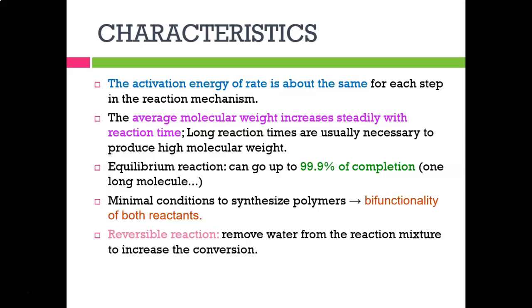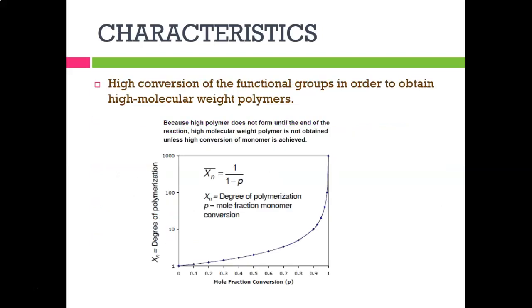The water can react with the monomer back again and again, and this will affect the percentage of conversion, also known as the yield of the polymer produced. So we need to remove the water. High conversion of the functional group is needed in order to obtain high molecular weight polymer.